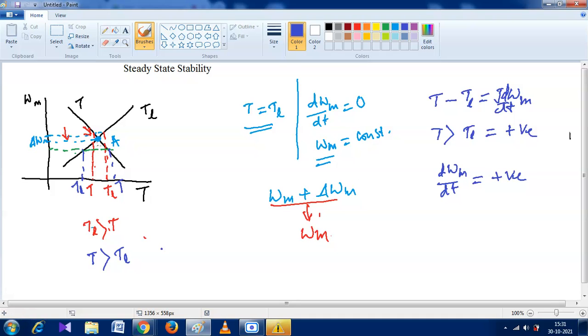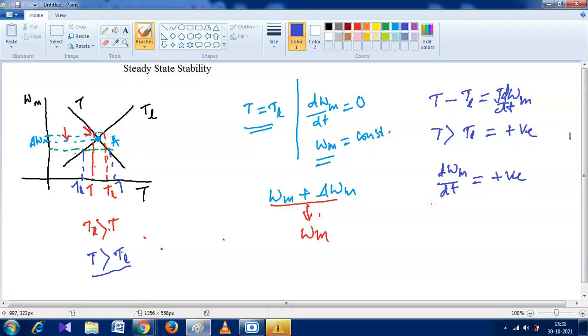So if we decrease the speed from the operating point, what will happen after that? We can easily see that the condition at that time is T greater than TL. So due to this condition, from the fundamental torque equation, d omega m by dt is positive.